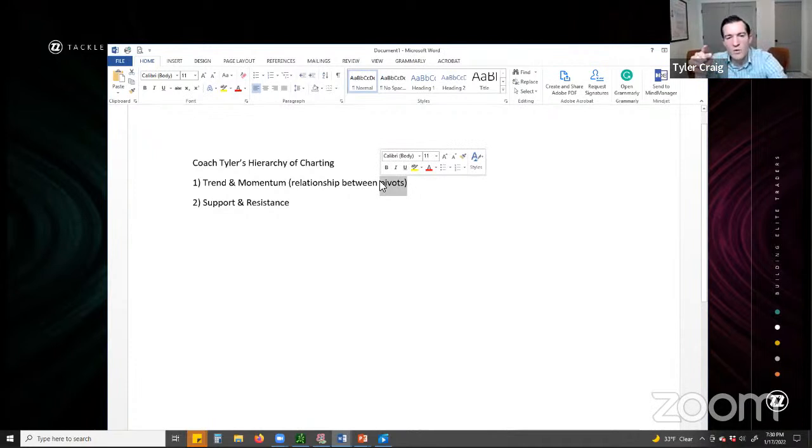Look, if I get a doji candle, which is a potential reversal candle, in the middle of support and resistance, and the stock is chopping sideways, do I really care about that doji candle? No, it's insignificant. It's meaningless because it's in the middle of nowhere. Location matters. So where are we at in relation to support and resistance?